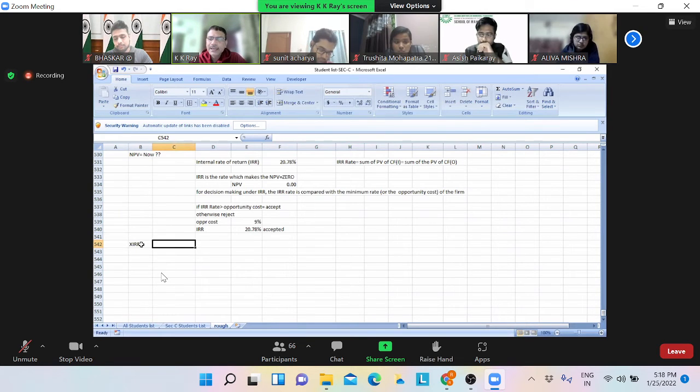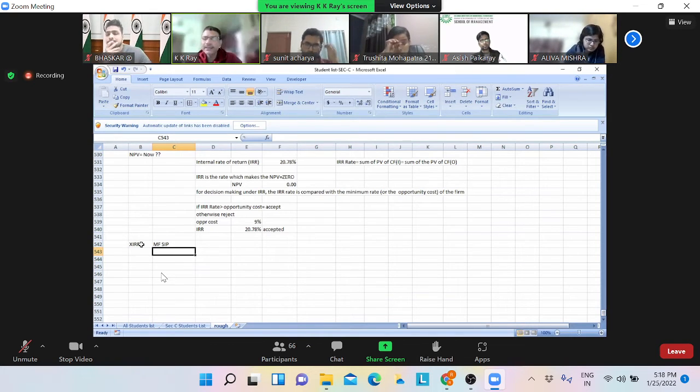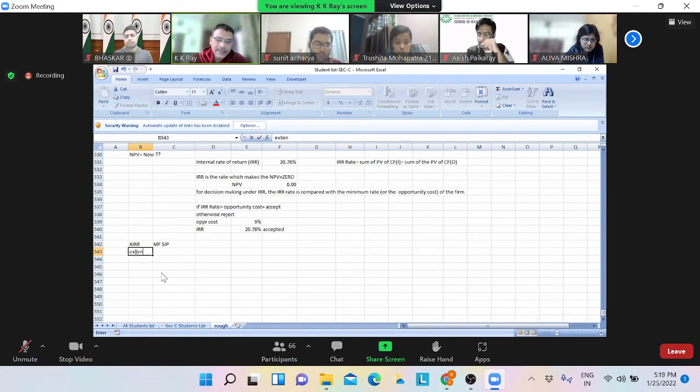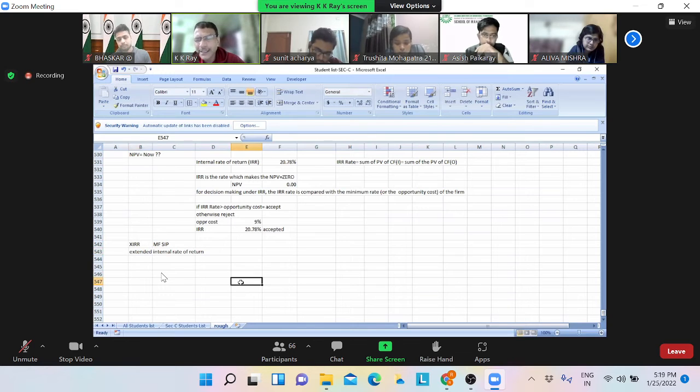XIRR is very much useful in case of your mutual fund SIP. In case of mutual fund SIP, you will find they generally advertise this XIRR. XIRR means extended internal rate of return.